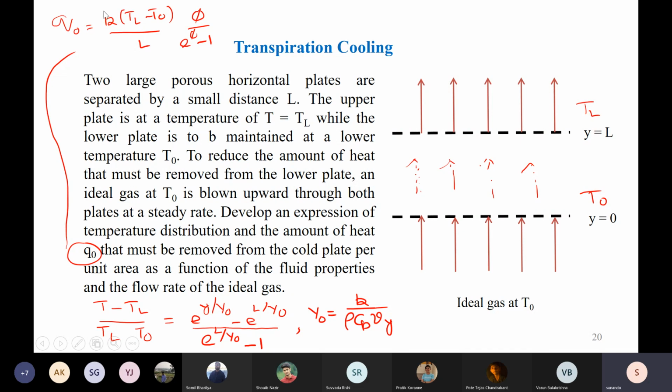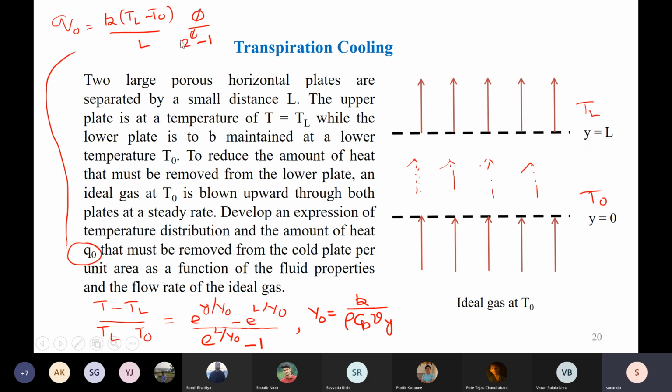Once again, I bring to your attention the first part of this, which simply tells you that k times dT/dx is just the conductive flow of heat in the absence of any imposed flow of ideal gas through the porous plates.